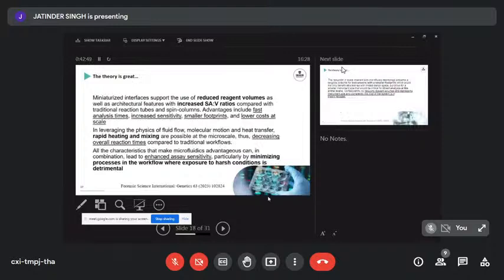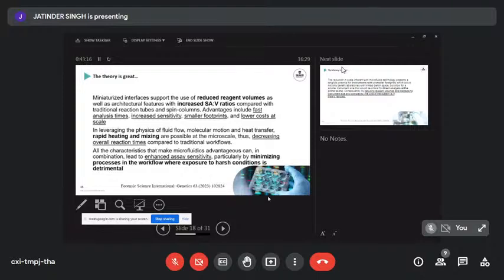The theory of microfluidic devices that I've been happily selling you now is all great. We've got reduced volumes, we've got increased surface to volume ratios. We have faster analysis time, we've got increased sensitivity, smaller footprints, all for lower cost and at a great scale. Additionally, we have more rapid heating and therefore decreasing the reaction times.